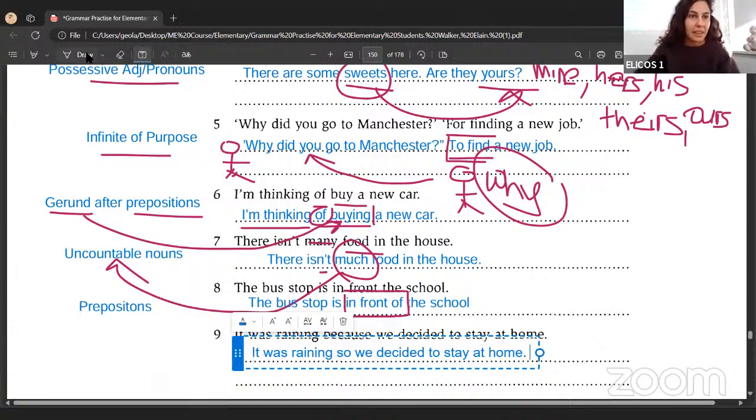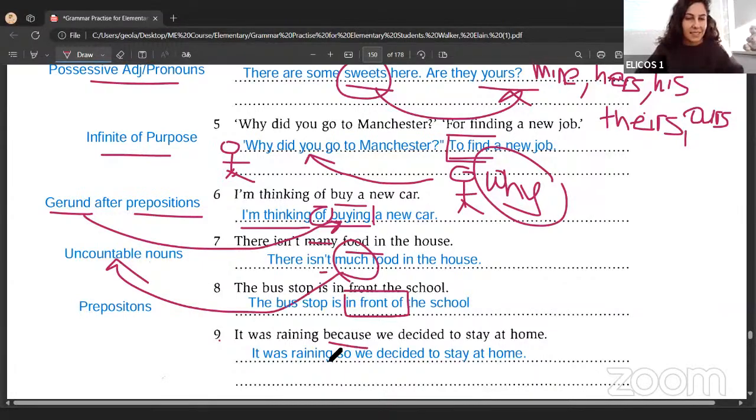The difference between when we have because, we're not saying the reason. We're not saying it was raining because, you know, it's winter and it's very cold. We're just saying it was raining, and then I'm putting so, what did we do? What was the action that we did after? So we decided to stay at home.